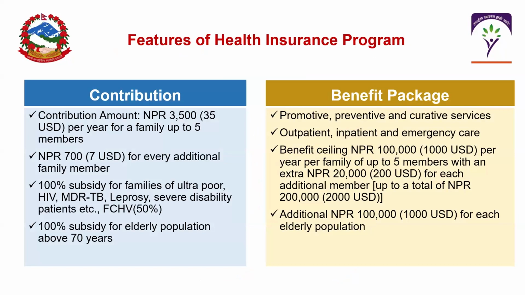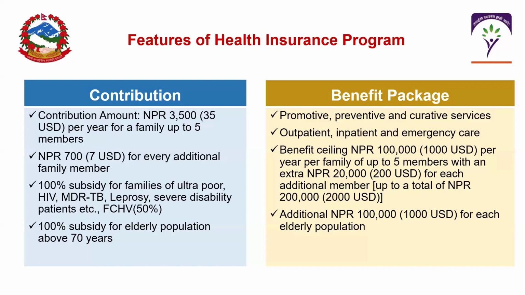It is a contribution-based program. The contribution amount is 3,500 Nepali rupees, or 35 US dollars, per family up to 5 members. The family unit is defined according to the Health Insurance Act.